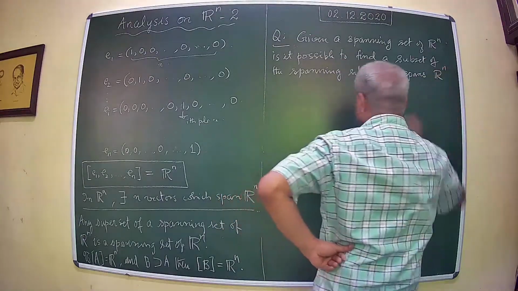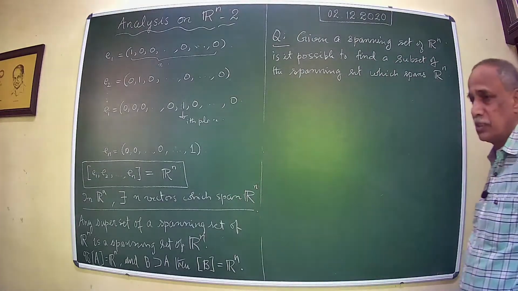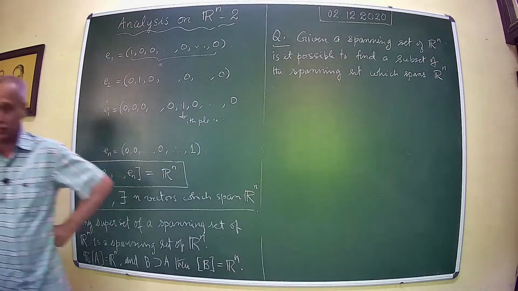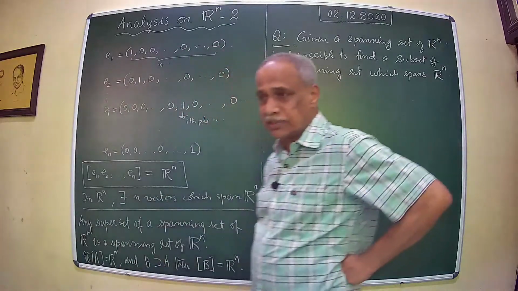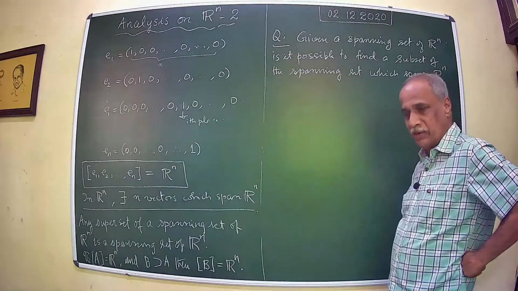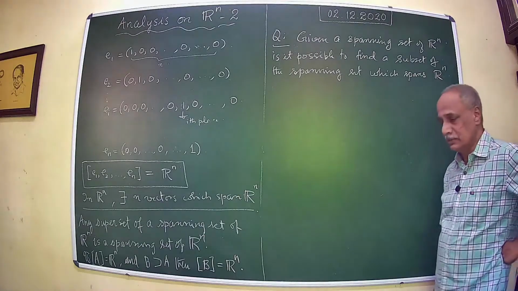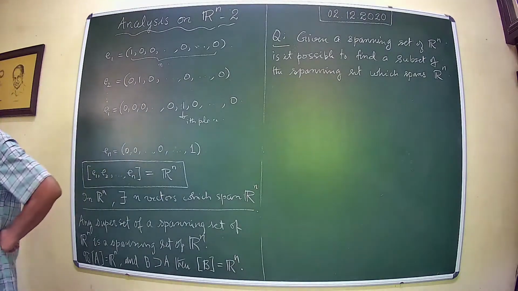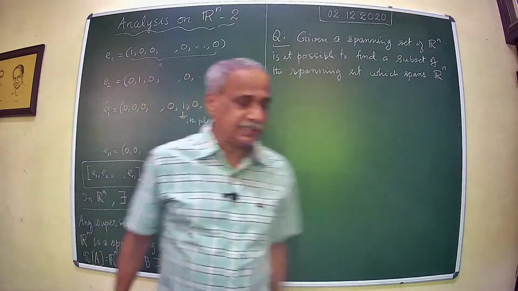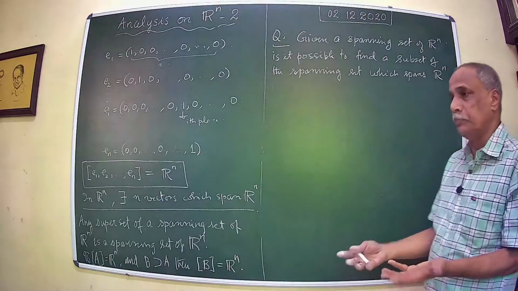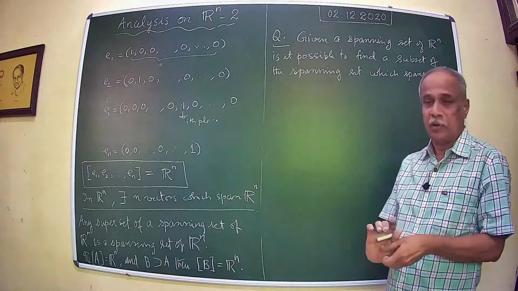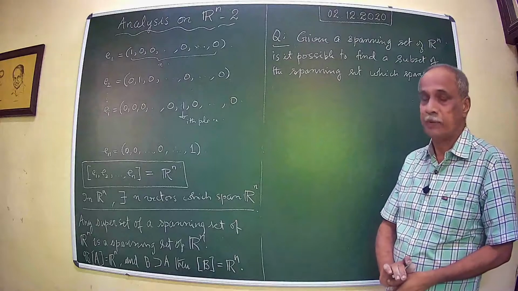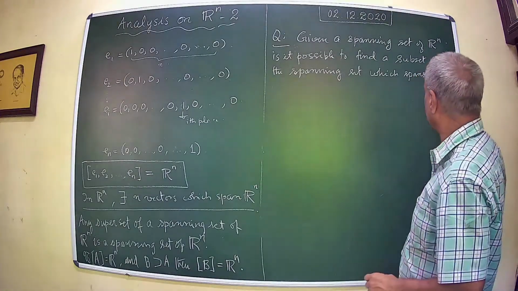It makes a lot of sense, because any superset of a spanning set is a spanning set. Therefore, you ask the question, you have got a spanning set already. Can you find a smaller set which spans it? Or in short, what you are asking for is, is it possible for you to find an optimal spanning set? Optimal spanning set means a set which spans the space, and if you drop one element from it, then it is no more a spanning set. So you refine the question further.